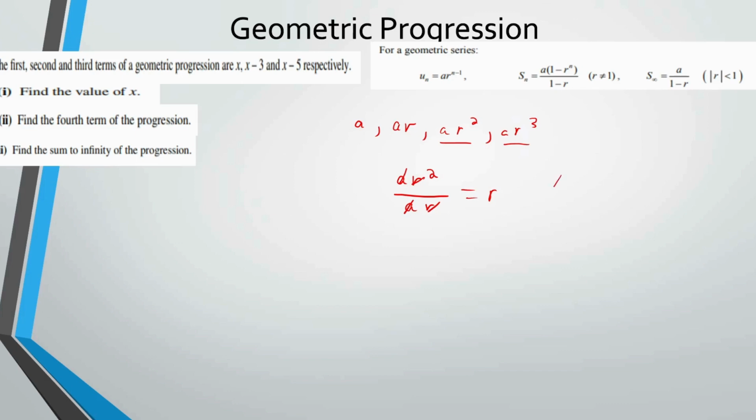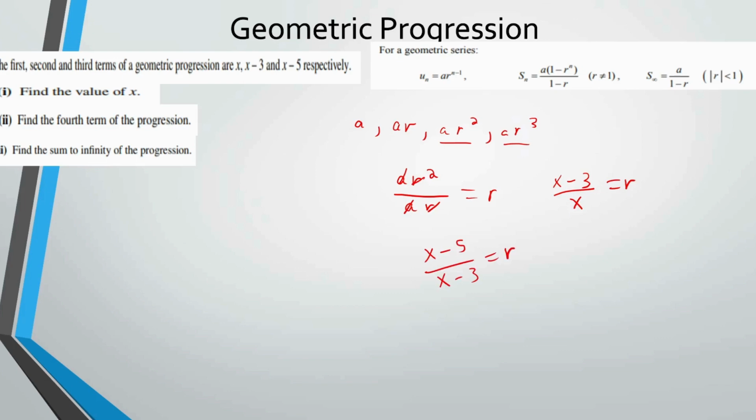So here we are going to form a simultaneous equation for this. x minus 3 over x is equal to r, and the other is x minus 5 over x minus 3 is equal to r.